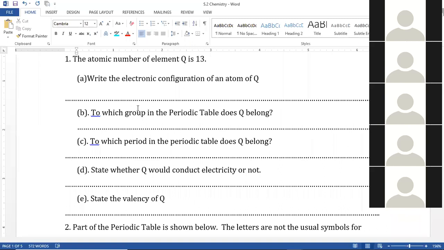Now, I'm only wondering how you wrote the electronic configuration. Iodine is past the 20 elements, so we don't expect you to write the electronic configuration, and probably the way you wrote it is not the way it should be written. But the outermost energy level should have 7 because it's in group 7. So while we gave you those atomic numbers, I don't expect you to write the electronic configuration of iodine.